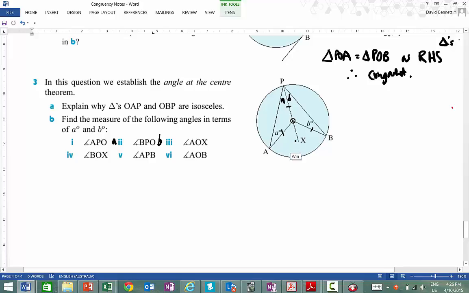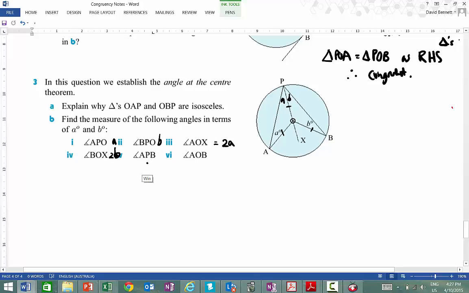AOX, we have to work out what that's going to be. What do we know about that? The sum of the interior angles is equal to the exterior angle, so that's going to be equal to 2 lots of A. BOX, for the same reason, is going to be not 2A but 2B.